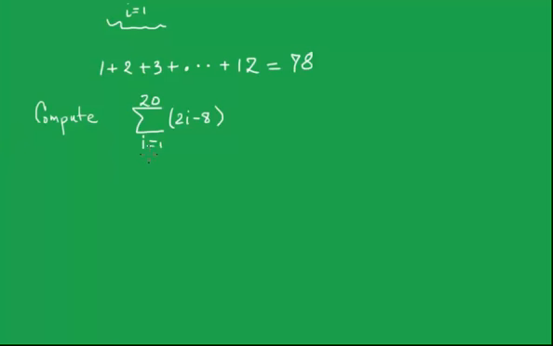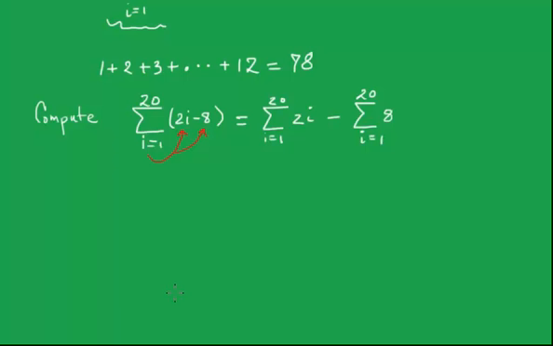So it means that we can distribute this sigma to this expression and that expression, to 2i and 8. So this is equal to sigma i equals 1 to 20 of 2i minus sigma i equals 1 to 20 of 8. So that's the property of sigma. If you have a plus sign or a minus sign, you can distribute the sigma throughout the terms.